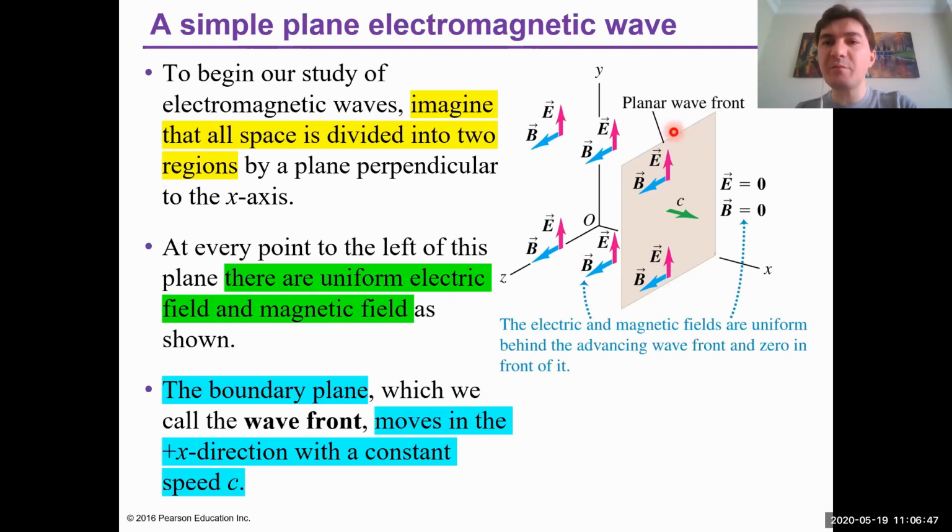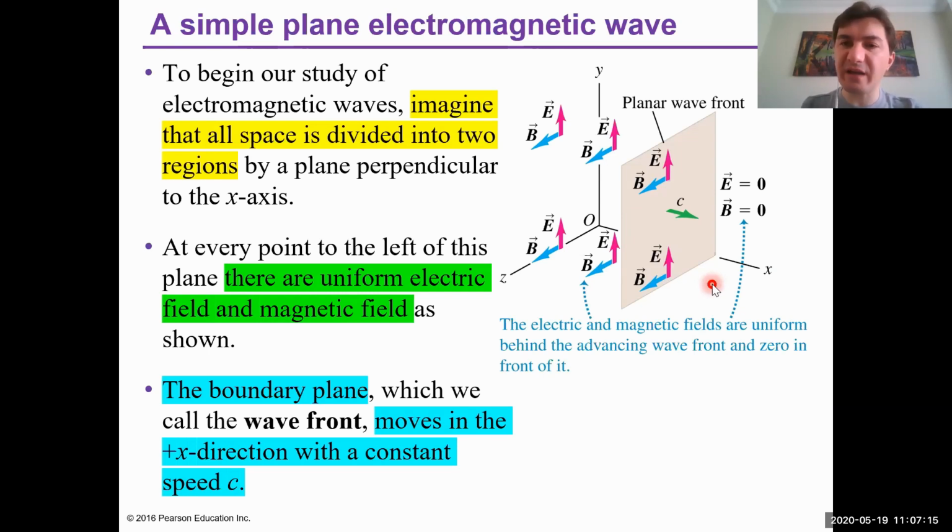So this boundary, that plane, moves in the positive x direction with a constant speed of c, let's consider. So this plane and these electric and magnetic fields are moving like this in the positive x direction with constant speed c. This is just an assumption.